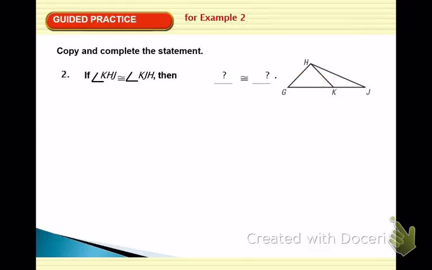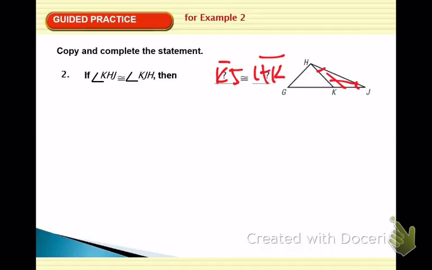That's what we know from this, right? Now, it works the other way too, right? If angle KHJ is congruent to angle KJH, then the sides opposite are congruent. So just go straight across from those angles, and we've got side KJ, so segment KJ is going to be congruent to segment HK.